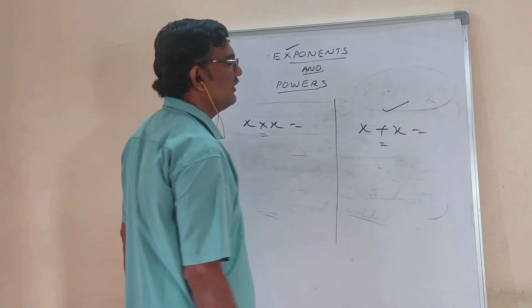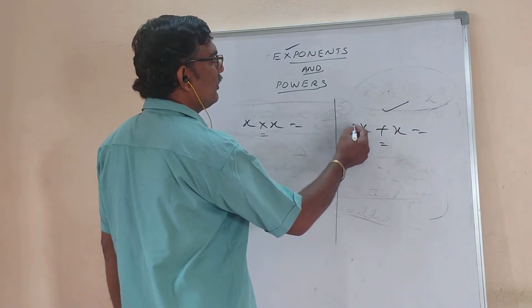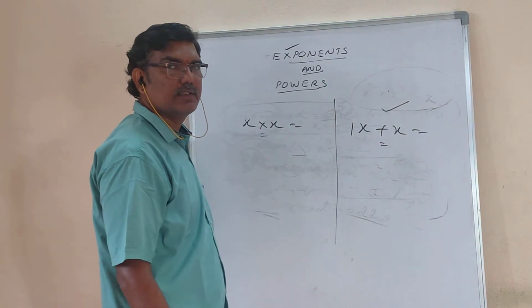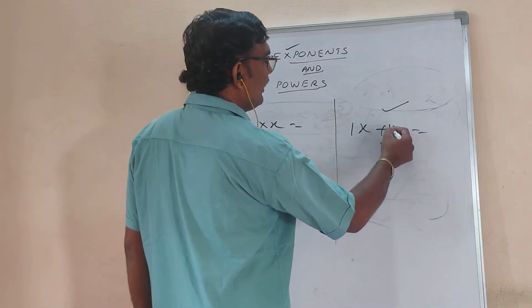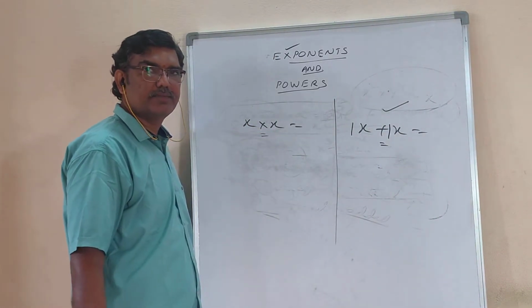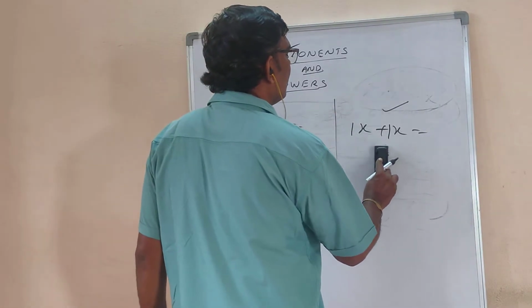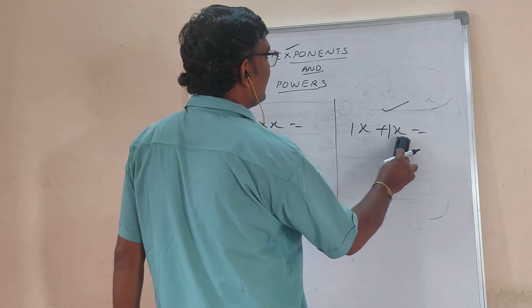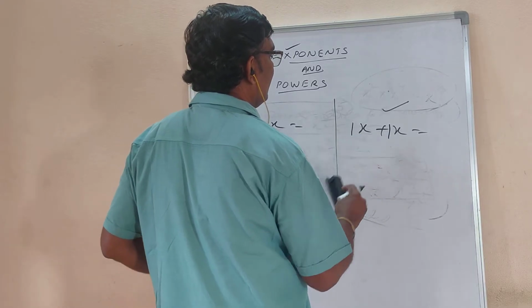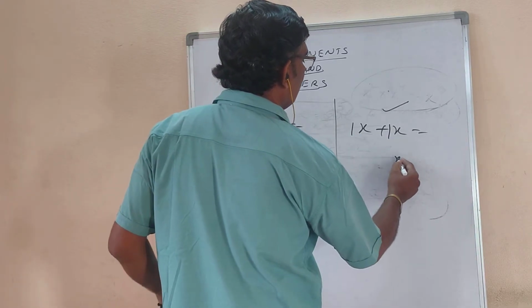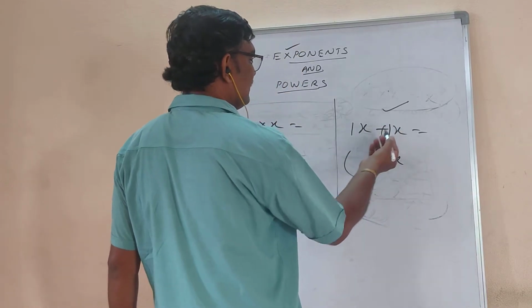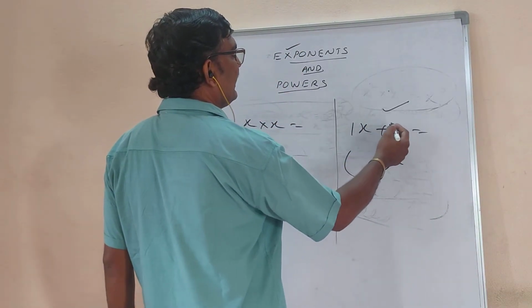So, come here. It is very easy. X with no number before it means 1x. Here also, x with no number before it means 1x. Now, what is in common? 1x, 1x. Here and here, you can take x as common, or not? 1 is also in common, but you can take x as common.